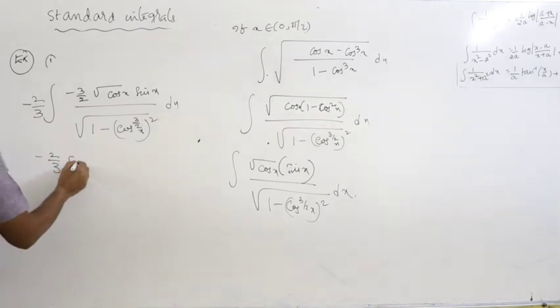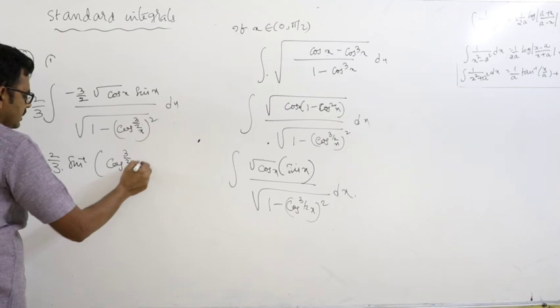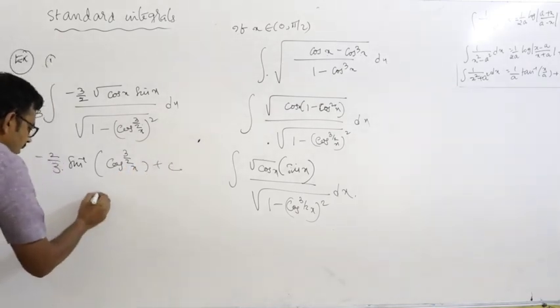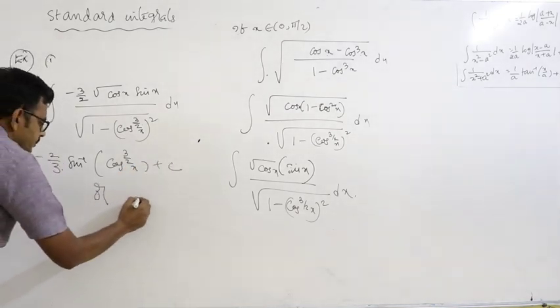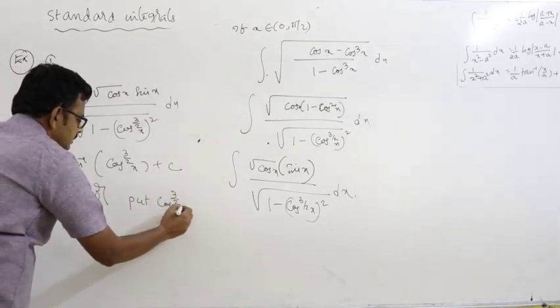So that is minus 2 by 3 sin inverse of cos power 3 by 2 x plus c, or put cos power 3 by 2 x equal to t.